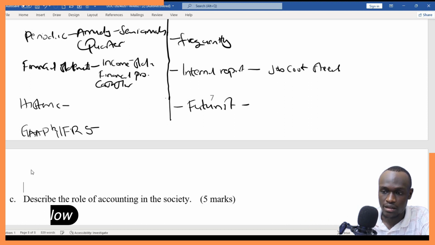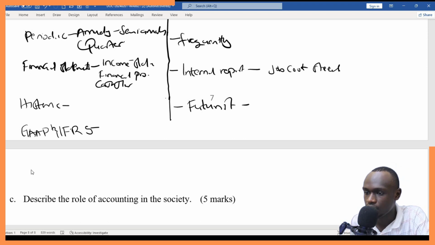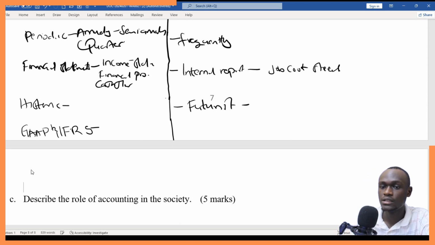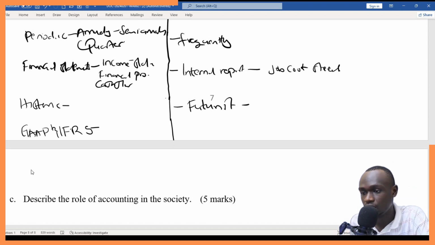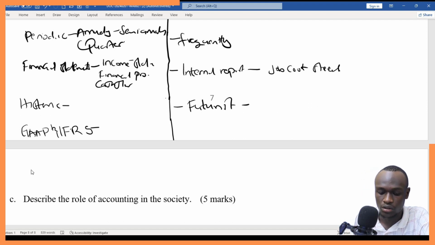This is to ensure that the financial statements are consistent and comparable across different organizations. On the other hand, management accounting does not conform to any standardized format or any principle. Reports are tailored to meet the specific needs of the company.